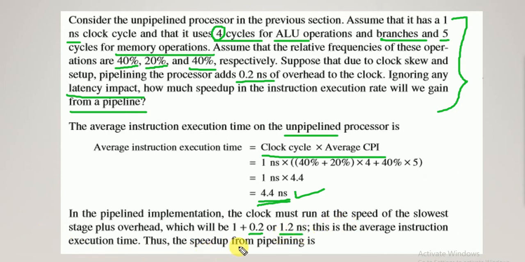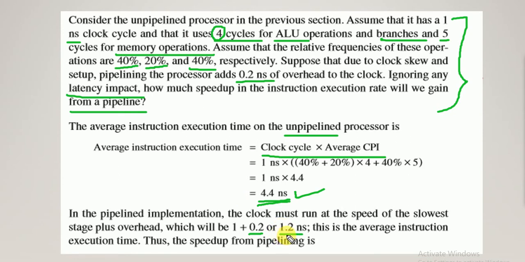Thus the speedup from pipeline can be evaluated based on the following. The same thing will be implemented here. So 1 plus 0.2 is the average cycle time, because 1 nanosecond is the normal clock cycle speed, but 0.2 is already given as an overhead.